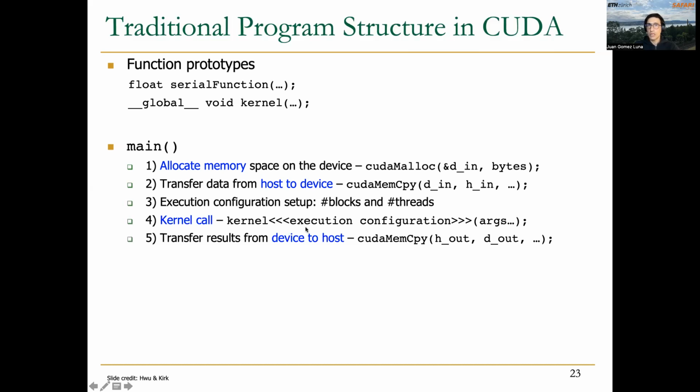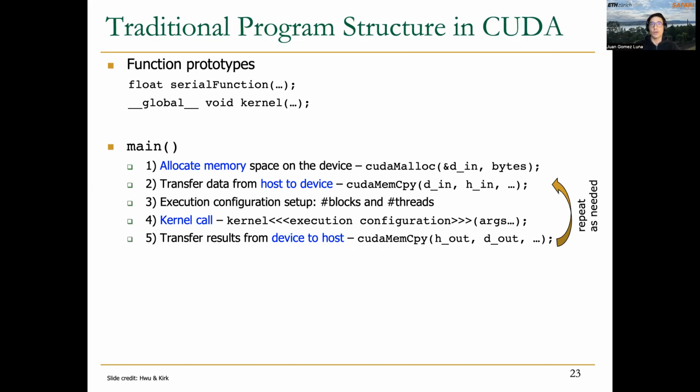When the kernel terminates, we can transfer results from the GPU memory to the CPU memory. We again use this cudaMemcpy operation, but in this case, the destination is h_out that is allocated in the CPU memory, and the source of this copy is d_out that is allocated in the GPU memory.